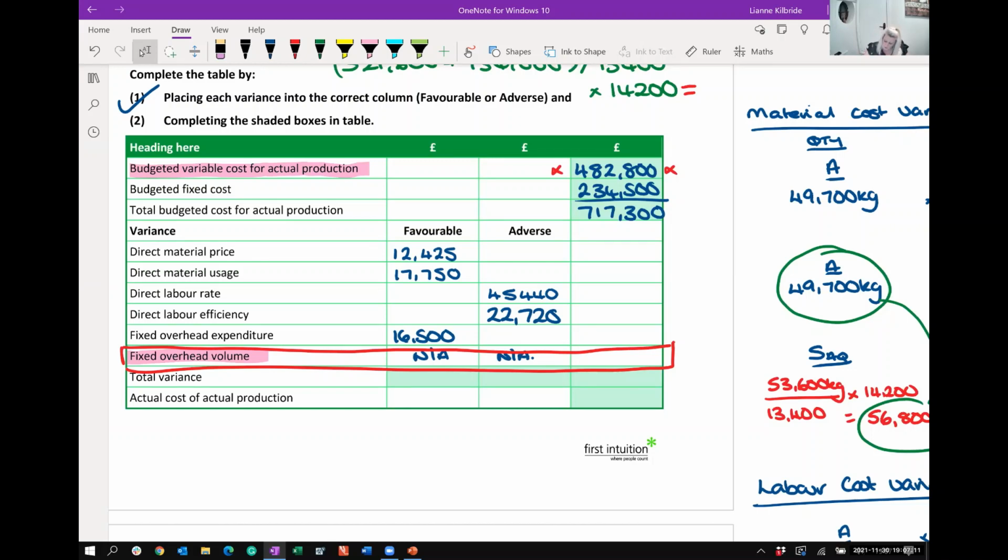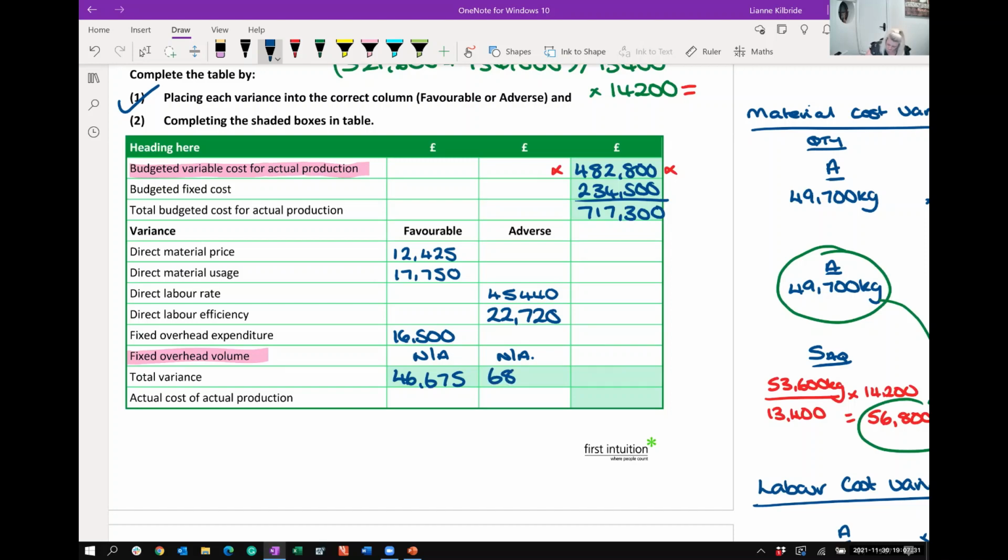Okay. Right, so once you've put your figures in there, what we're then going to do is calculate the total variances. So you just total each of the sides. So that becomes 46,675. This becomes £68,160.